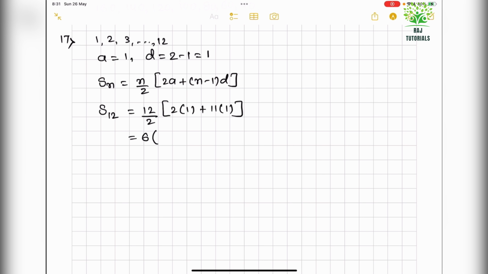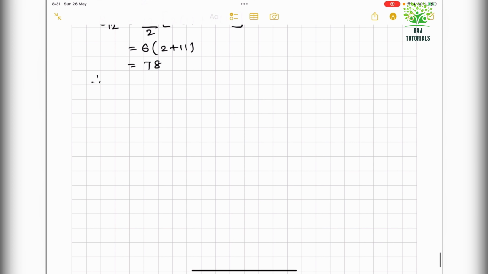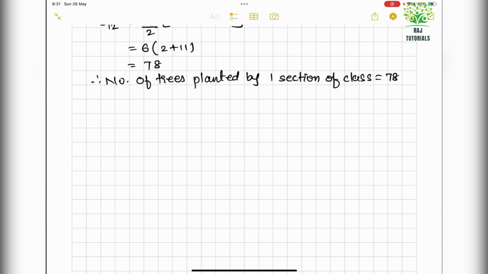So 6 into (2 plus 11), so 78. Therefore the number of trees planted by one section of class is 78. Number of trees planted by 3 sections of class will be 78 into 3, that is 234.